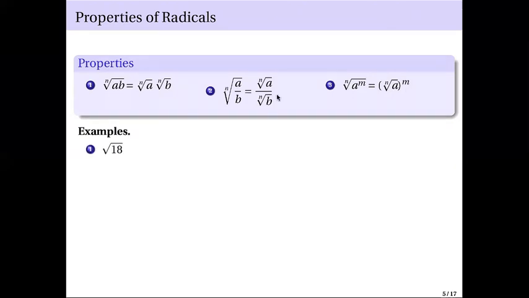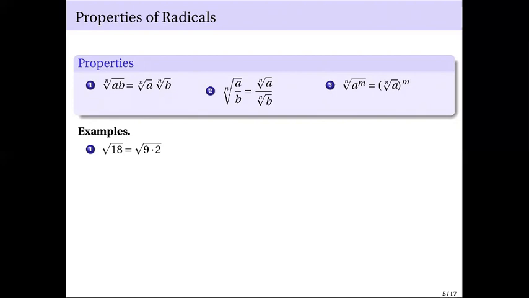Okay? Some examples here. We have square root of 18. 18, you can write it as 9 times 2. Okay, your 18 can be written as 9 times 2. And there are other ways to write 18. You can write it as 6 times 3.